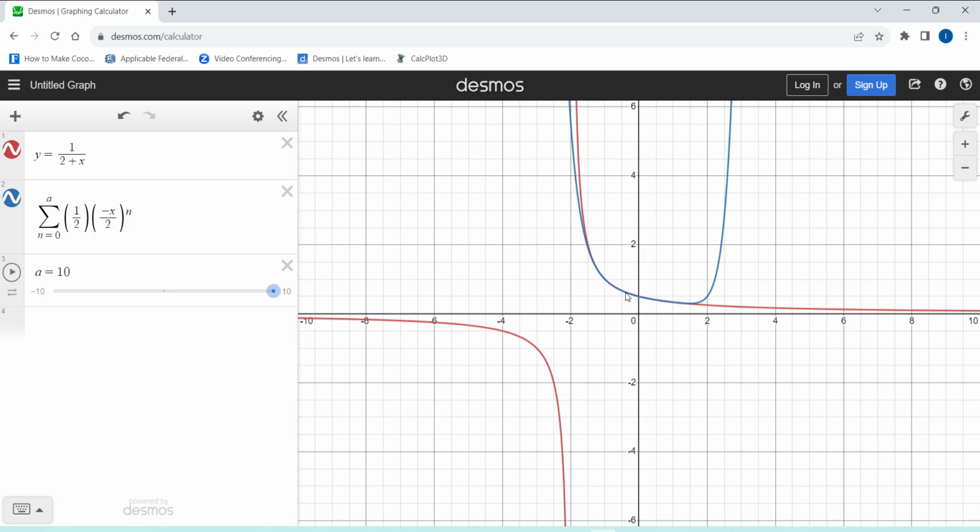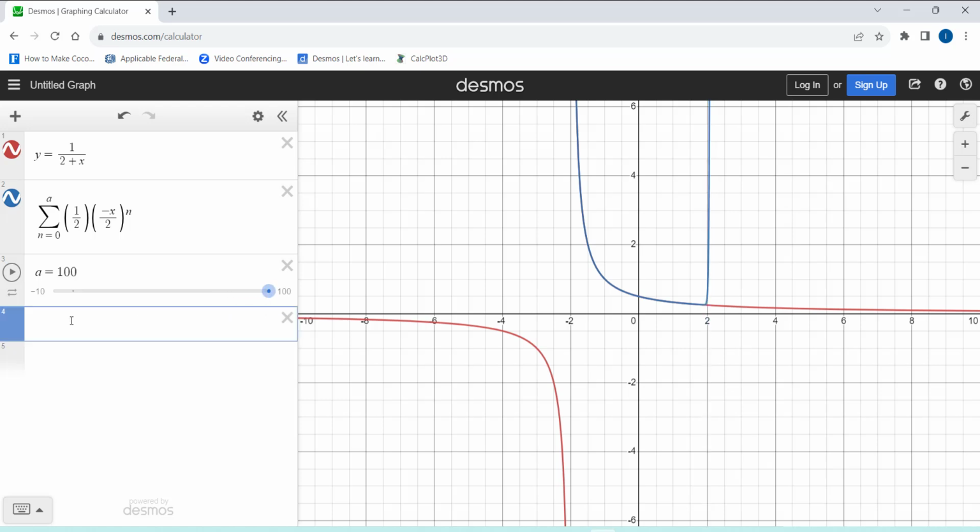So notice that you're moving away the same amount of distance towards negative 2 and towards positive 2, centered at 0. Recall that the interval of convergence for that one was from negative 2 to positive 2, not including 2 or negative 2. And if we added more numbers, let's say that we had our slider go to 100, notice again it gets closer and closer to being that red graph.